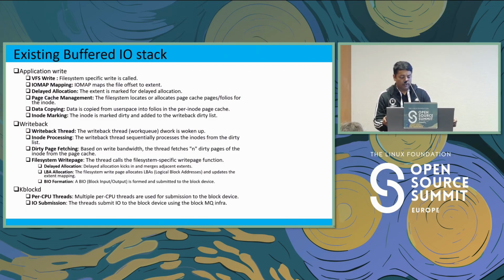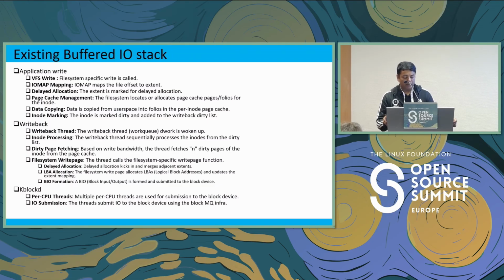The file system writepage looks at the extent which is present, and sees whether the extent is marked for delayed allocation. There might be several extents marked for delayed allocation, so it merges those extents, forms a bigger chunk, and does the LBA allocation for the bigger chunk.